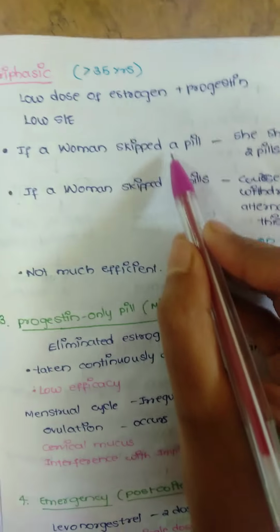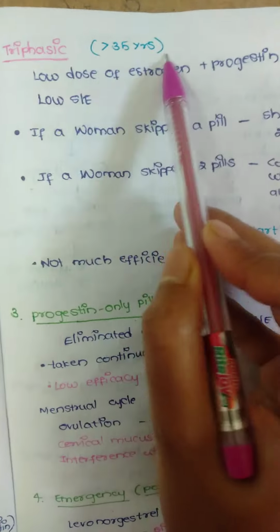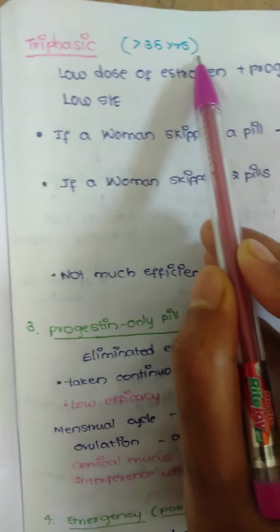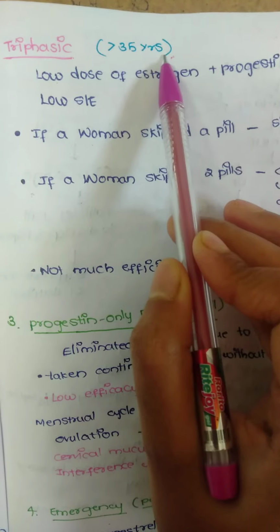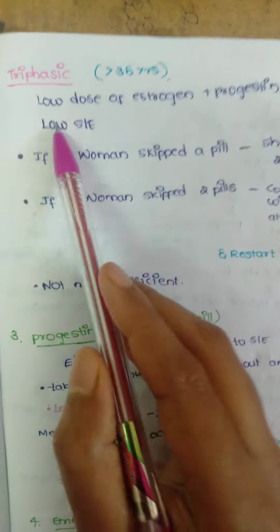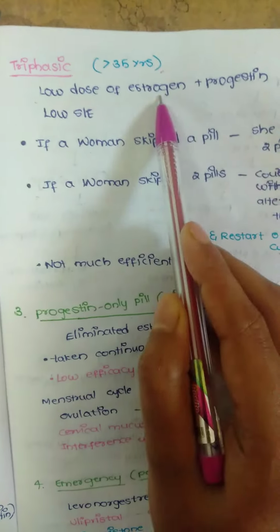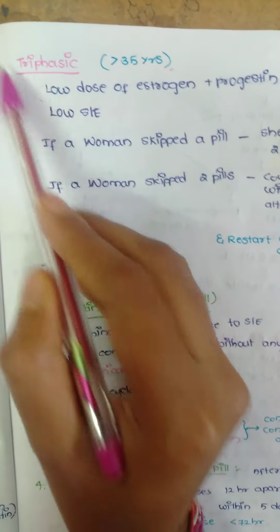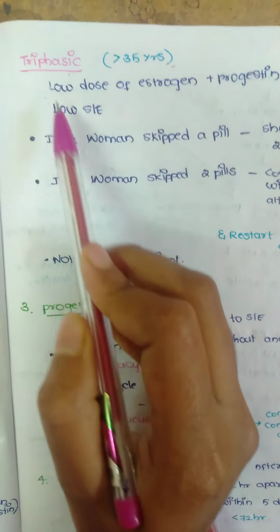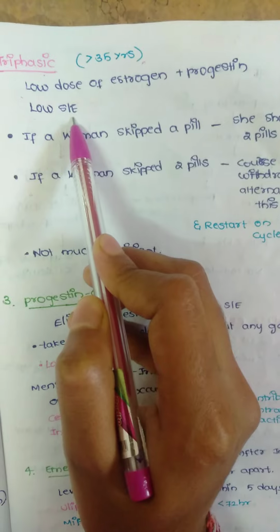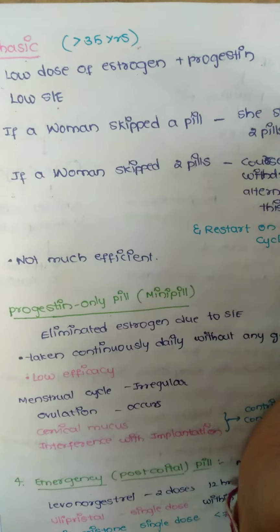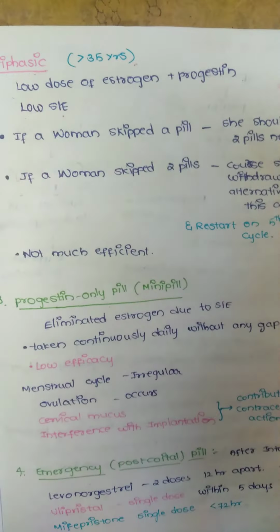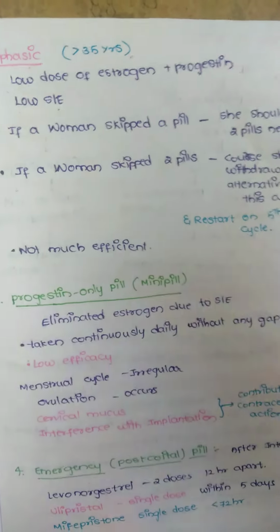In triphasic ones, it is usually taken by women more than 35 years old. Low dose estrogen and progestin is used in triphasic pills, and there are low side effects. If a woman skipped a pill, usually one day or another day, we normally forget that.